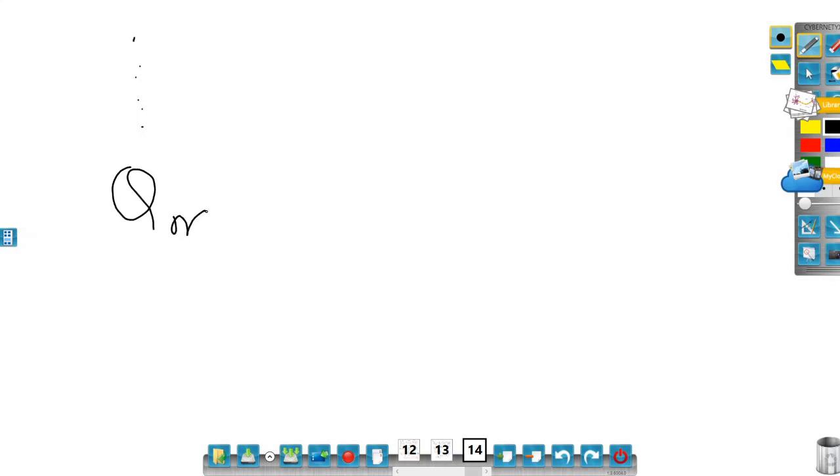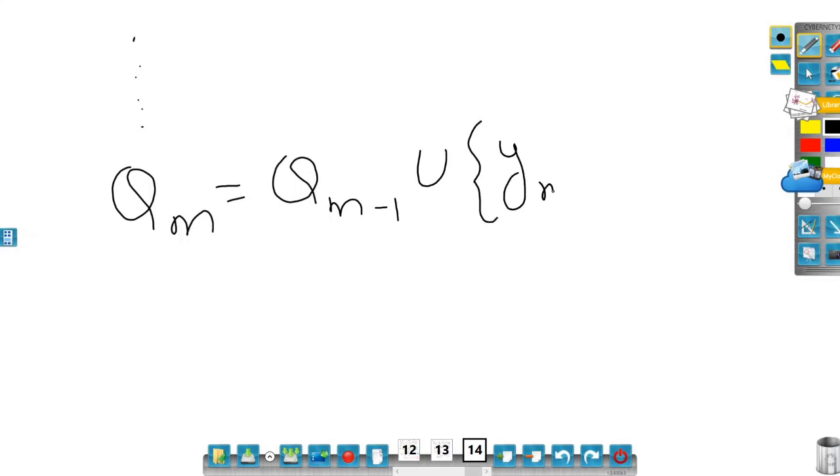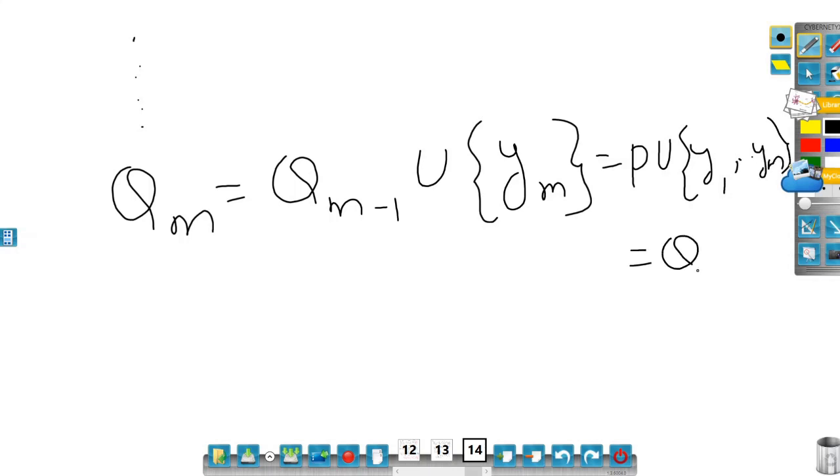Somewhere I will have Qm equal to Qm minus 1 union {ym}. And now you can see that this is basically P union {y1, y2, ..., ym}, and this is basically my Q. So Qm is the same as Q.